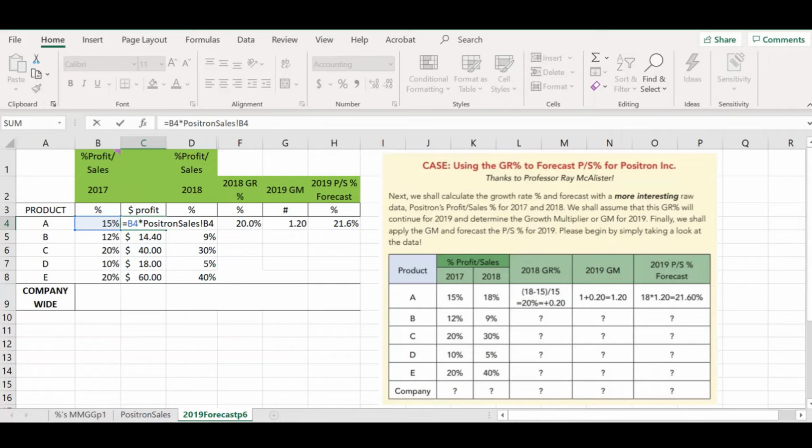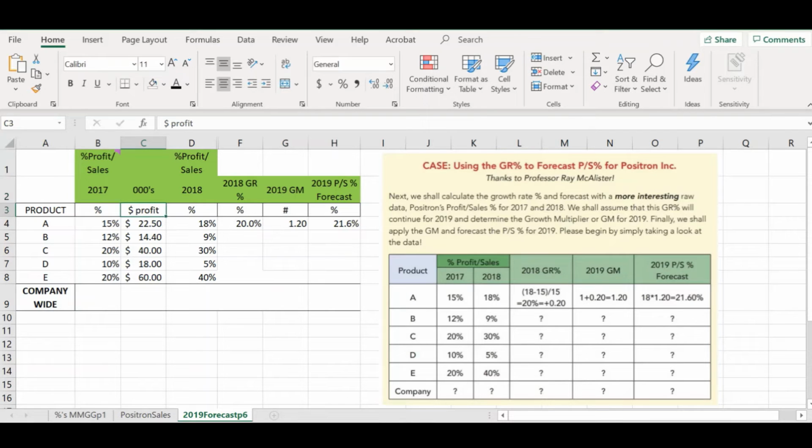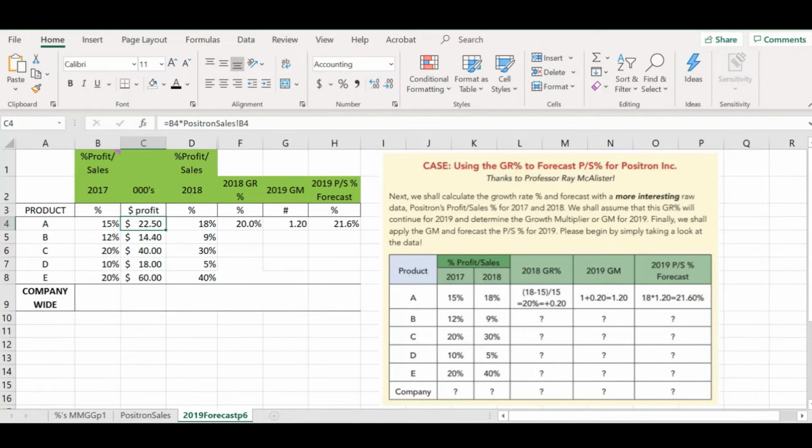Okay, so when I hit enter, I've actually calculated in thousands $22,500 in profit from sales. Now that's really important because if we want to calculate this percent profit from sales company-wide, we've got to do this for each of the products first.